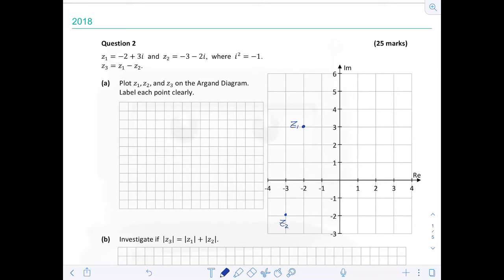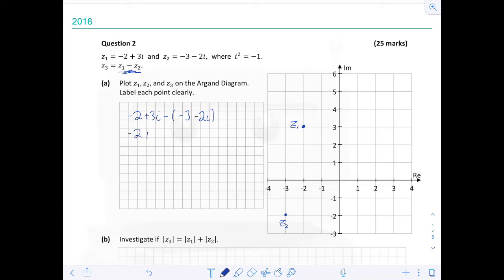And then Z3 is going to be Z1 minus Z2, so I need to do some calculations to get Z3. Z3 is equal to minus 2 plus 3i minus 3 minus 2i. We need to be really careful with this minus here.